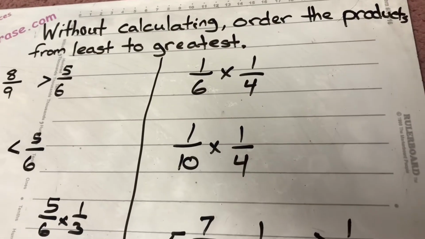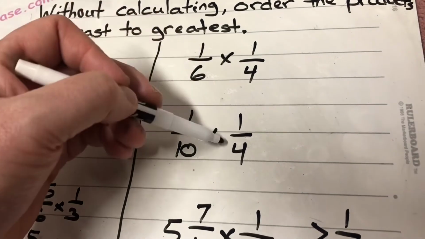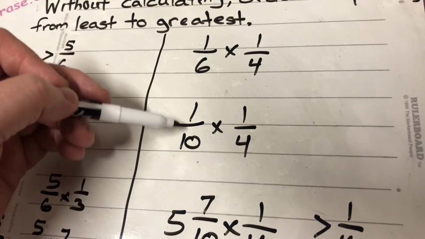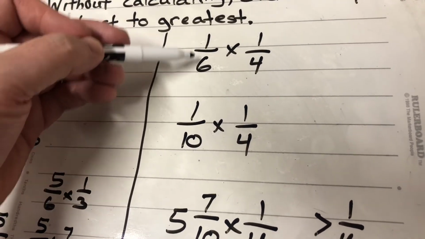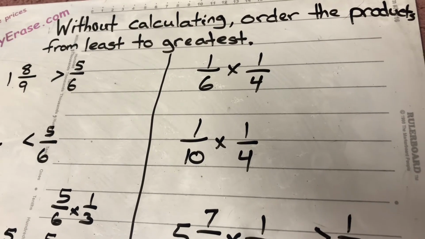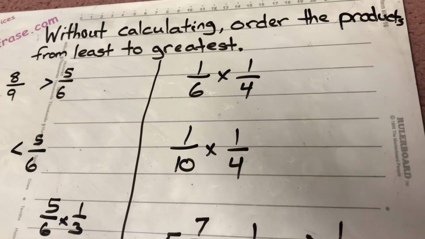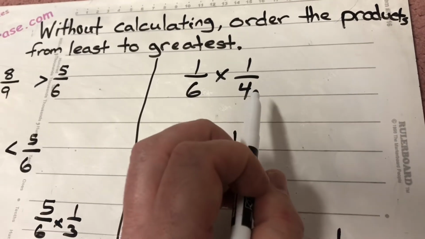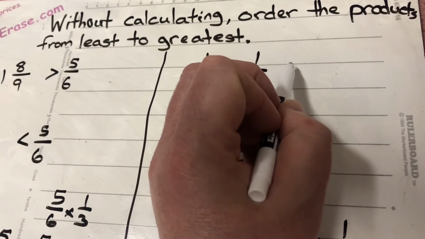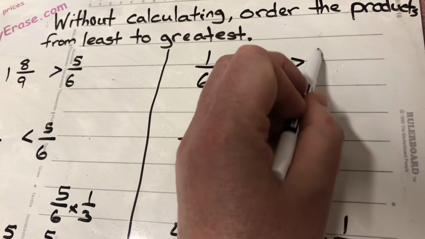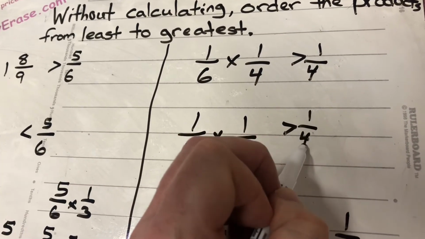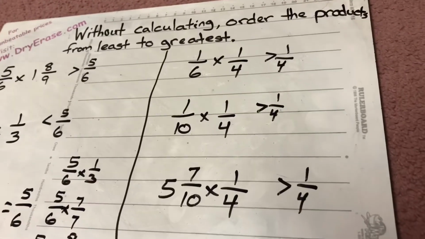But when I look at these two, I see that the 1/4 is being multiplied by fractions. They're both being multiplied by fractions that are in proper form, so they're both less than 1. So for both of these, my 1/4 is getting smaller, which means that my product is going to be less than 1/4 for both of them.